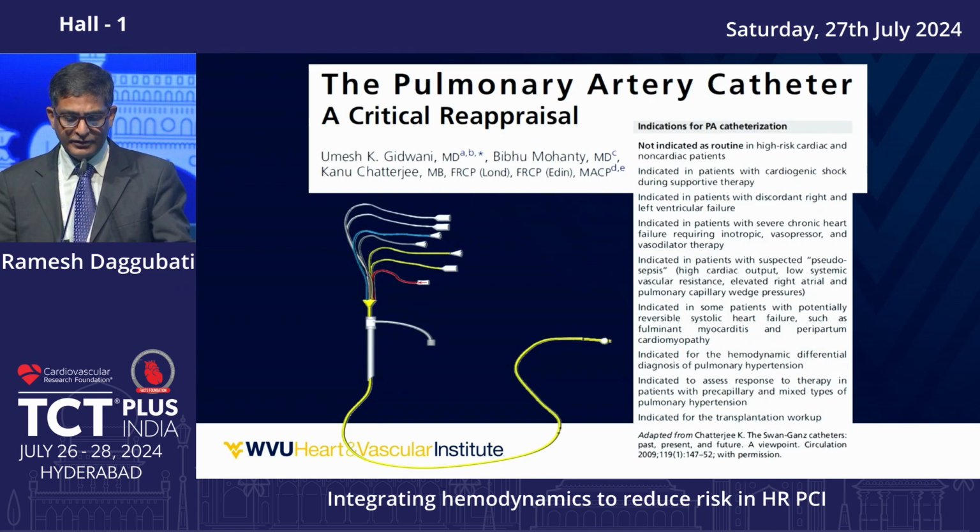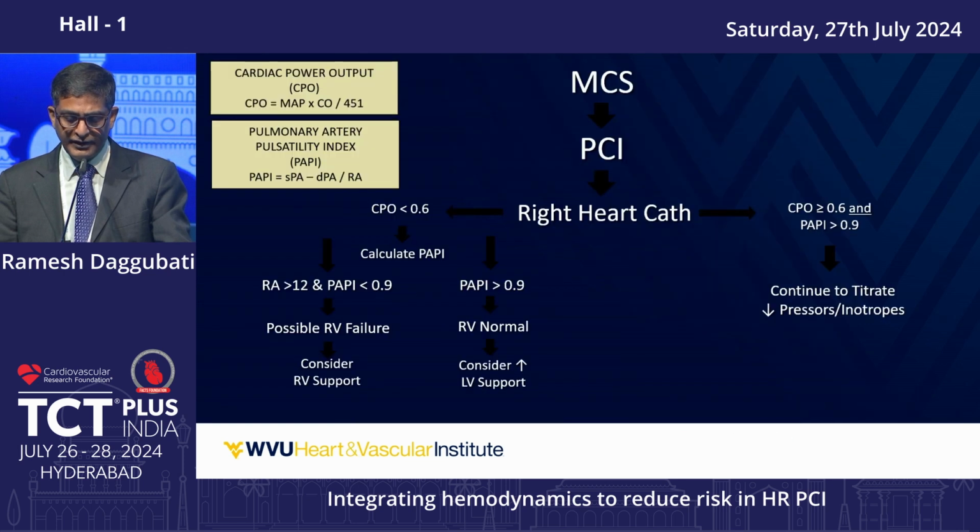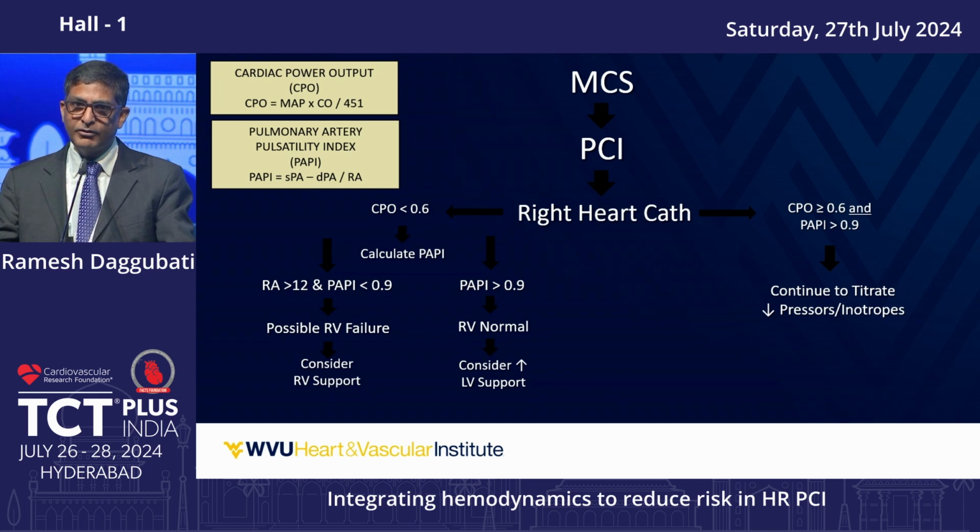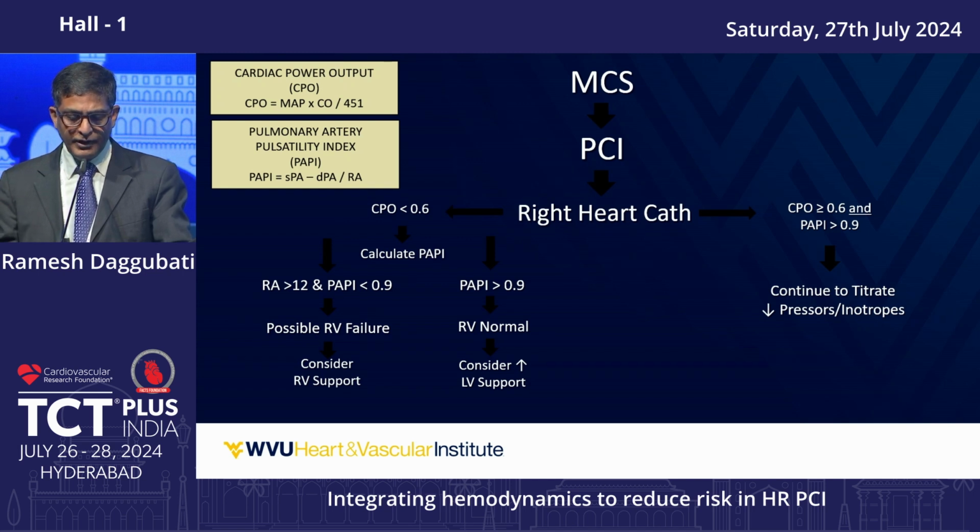The pulmonary artery catheter, I think I don't have to go into because Vishal has covered it very nicely. And there's another group of people who are at high risk but not in cardiogenic shock: acute anterior wall myocardial infarction, where a Door-to-Unload study is being done. We were part of that, and not really anymore, but prior to COVID we were enrolling patients in the Door-to-Unload DTU STEMI trial.